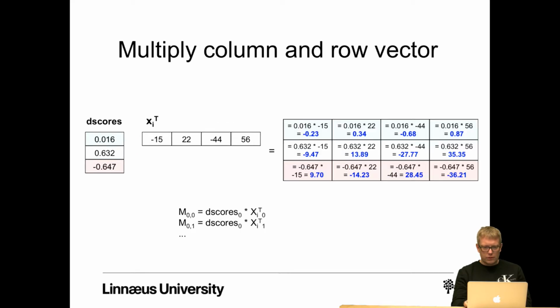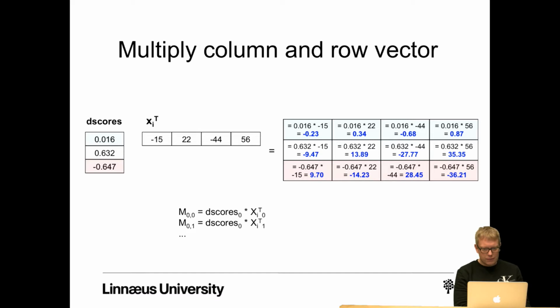And to multiply a column and a row vector, we get a matrix. So the first element in the resulting matrix is the first value in d-scores multiplied by the first value in the row vector.